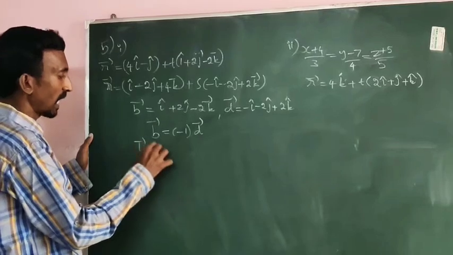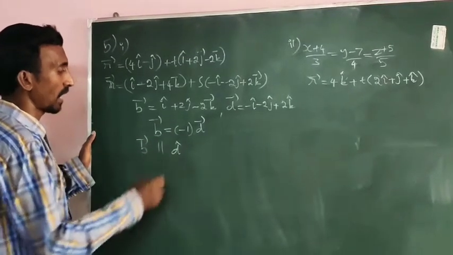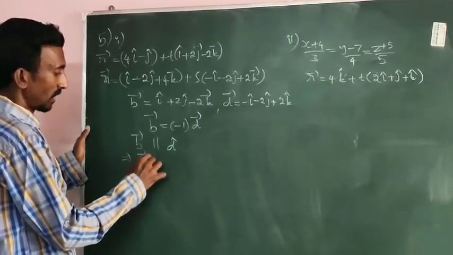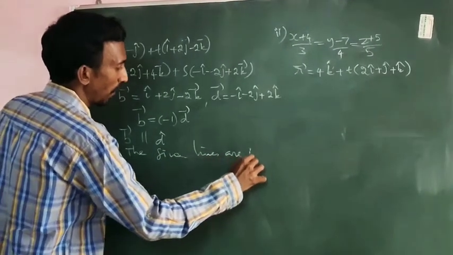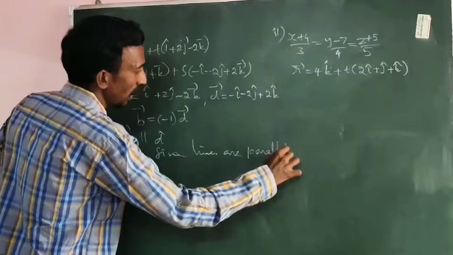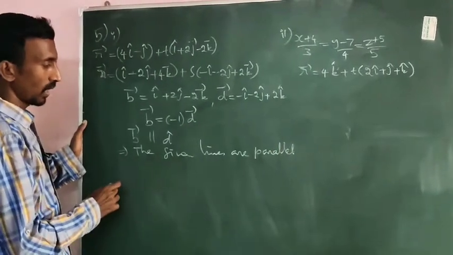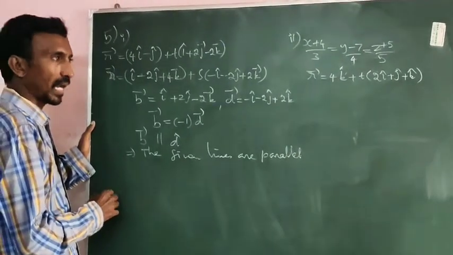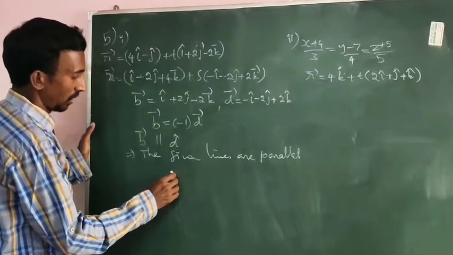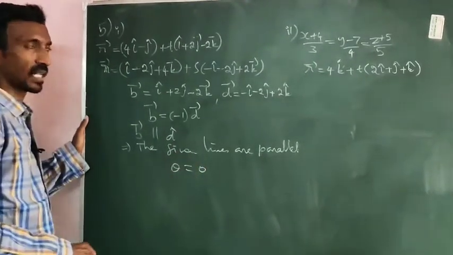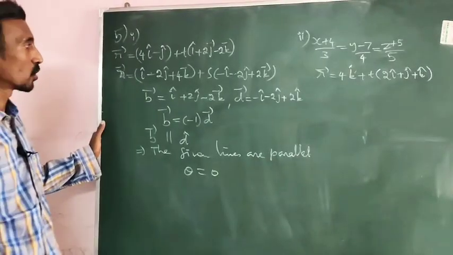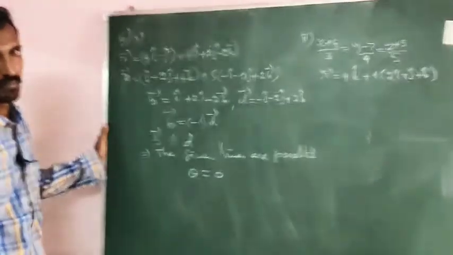Therefore b vector is parallel to d vector, which implies the given lines are parallel. The lines are parallel means angle theta equal to 0. There is a result, we can use that result here.